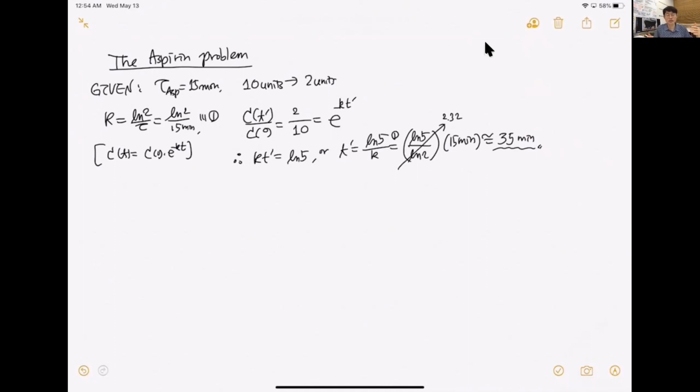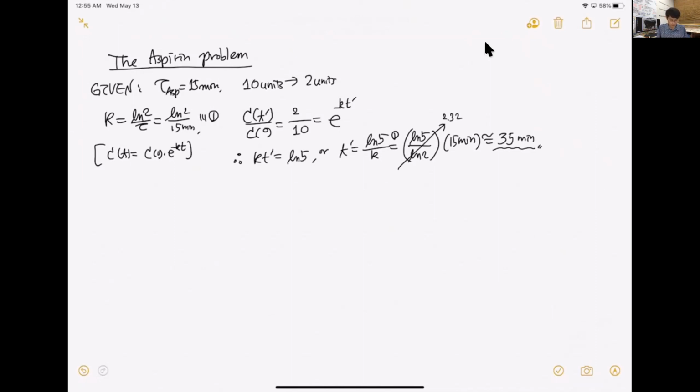Then if 2 units is the effective concentration of aspirin for our body, it only takes about 35 minutes, and then the efficacy of aspirin will not be effective enough.